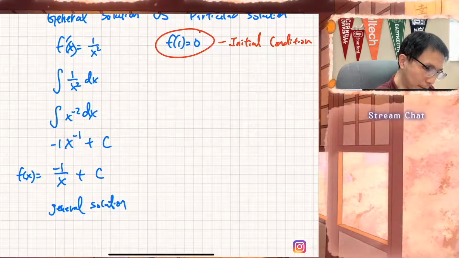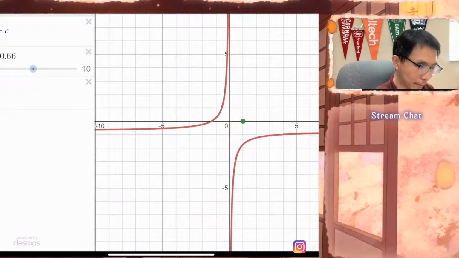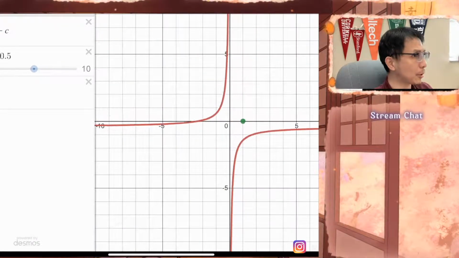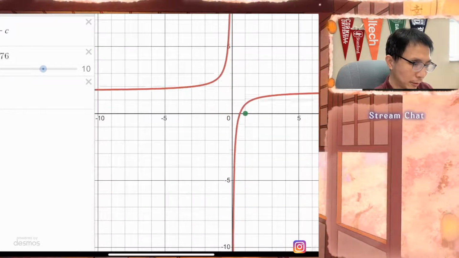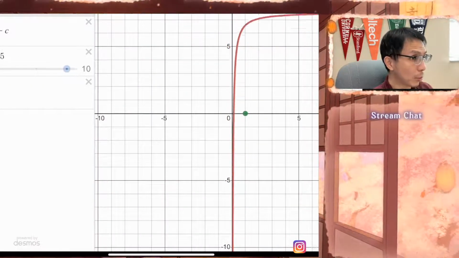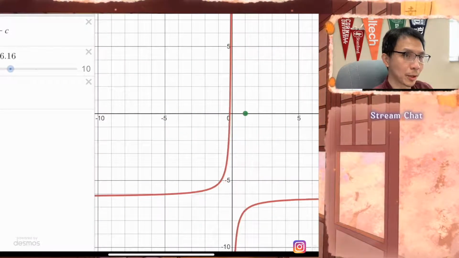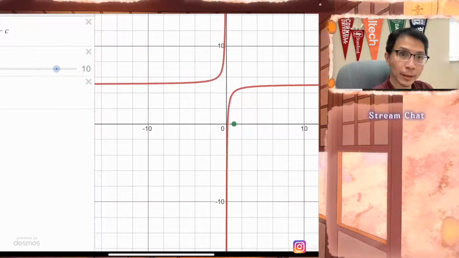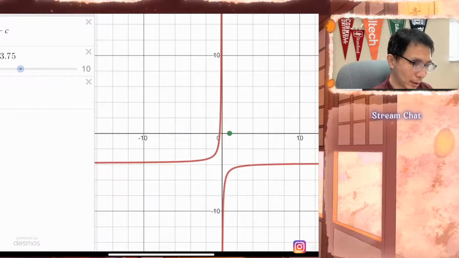What does that mean? This is the differential equation, a particular solution for that function, 1 over x squared. But there's only one situation that you can hit that point 1 comma 0.